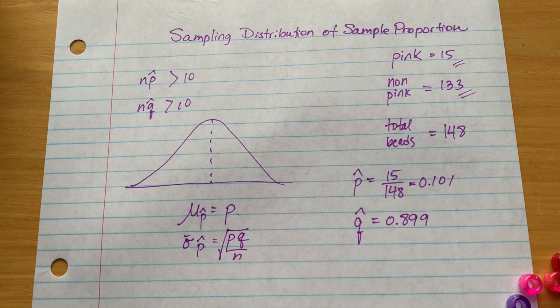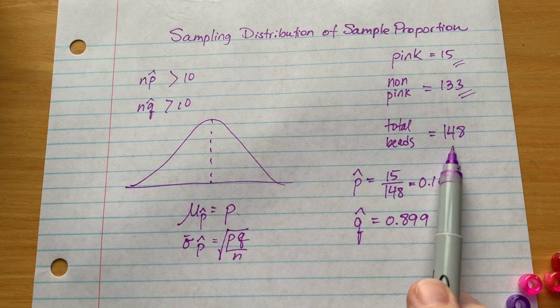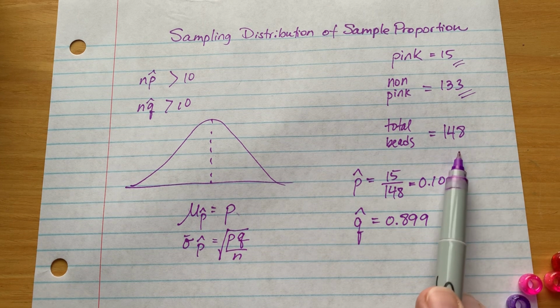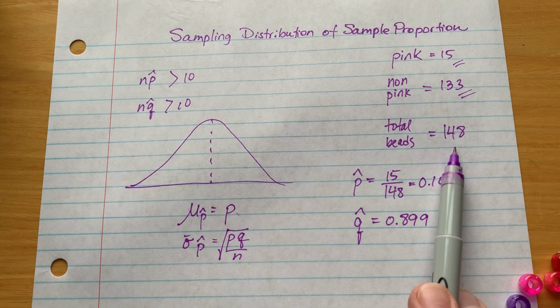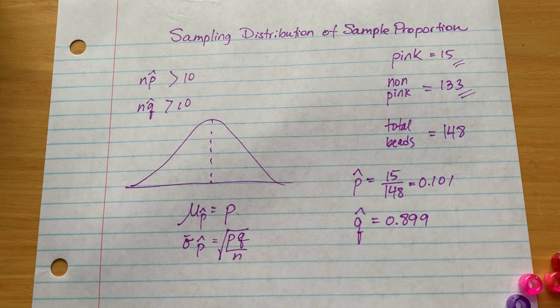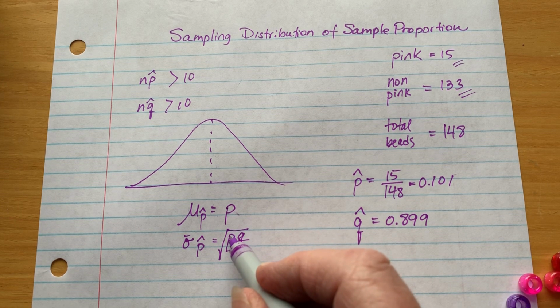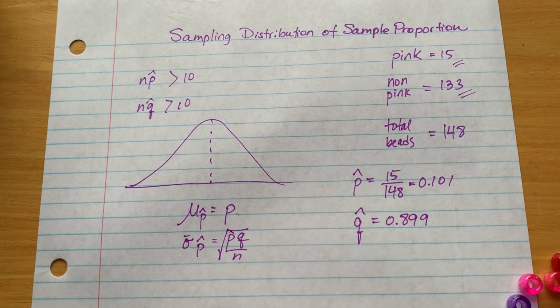In large samples, p hat is close enough to p. Is this a large sample? You can argue that anything over 30 will be a large sample. So in large samples, we replace p with p hat, and instead of q, we use q hat.